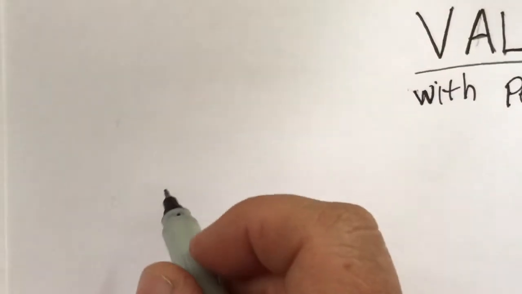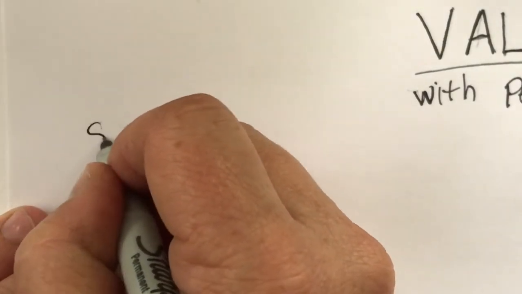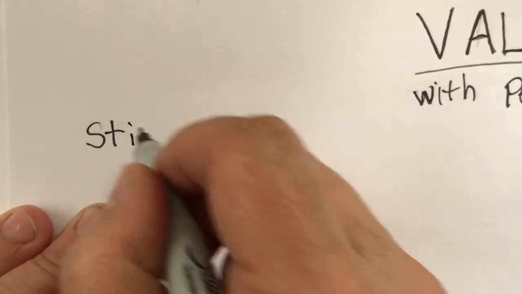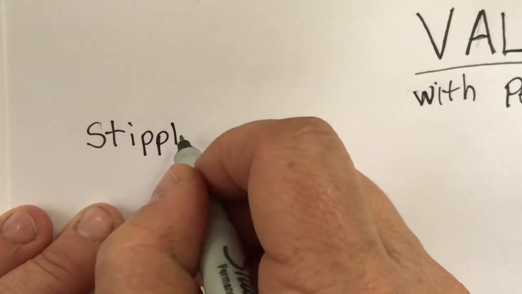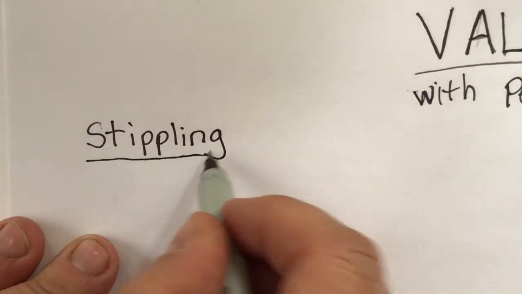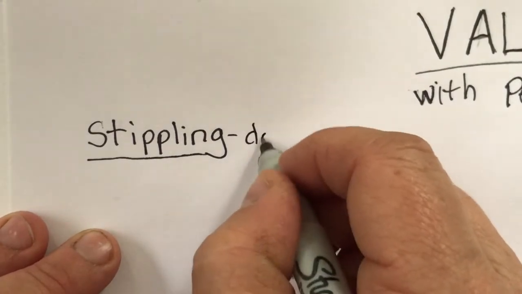Okay, the first technique we're going to work with is called stippling. So you're going to write this down with me. Please write the word stippling. And what stippling is are dots.